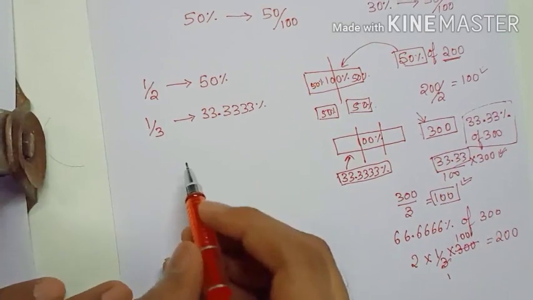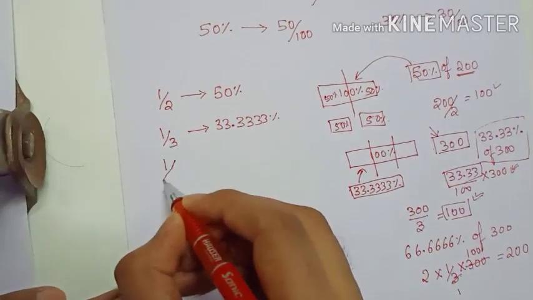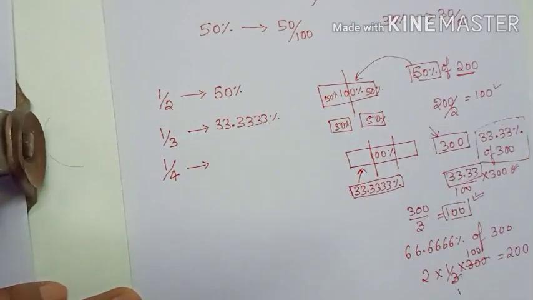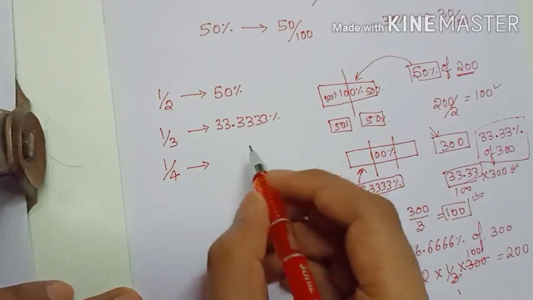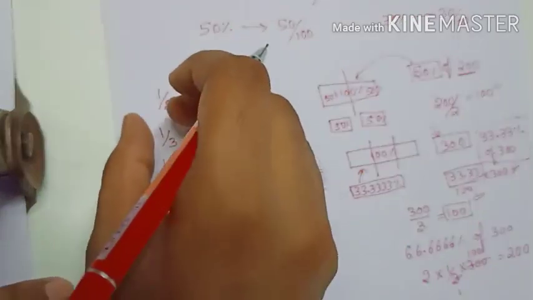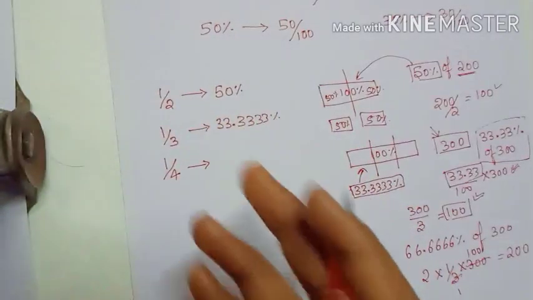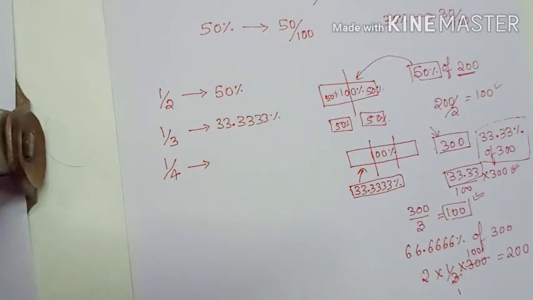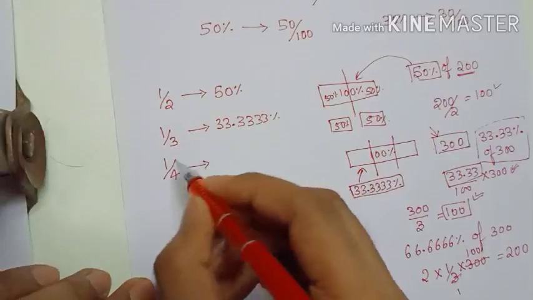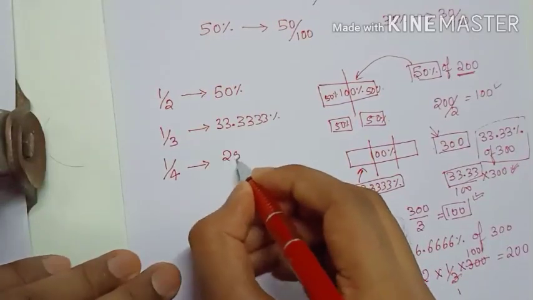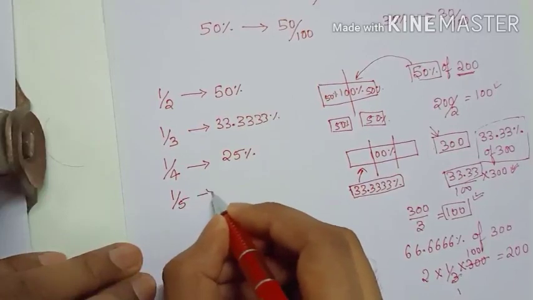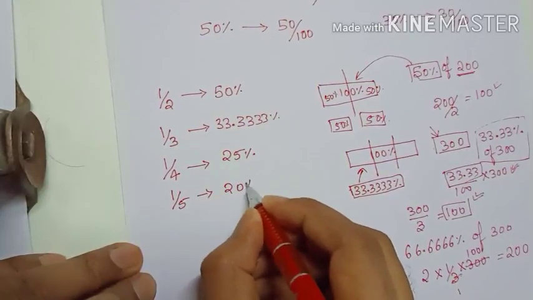So now similarly we have 1 by 4, so each and every time there is no necessity to tell like this because it's going to consume more time, so you just see to it. I'm going to write here different fractions and I'm going to write the percentage values just in front of the fraction. Say 1 by 4 stands for 25%, right? So 1 by 5 stands for 20%.